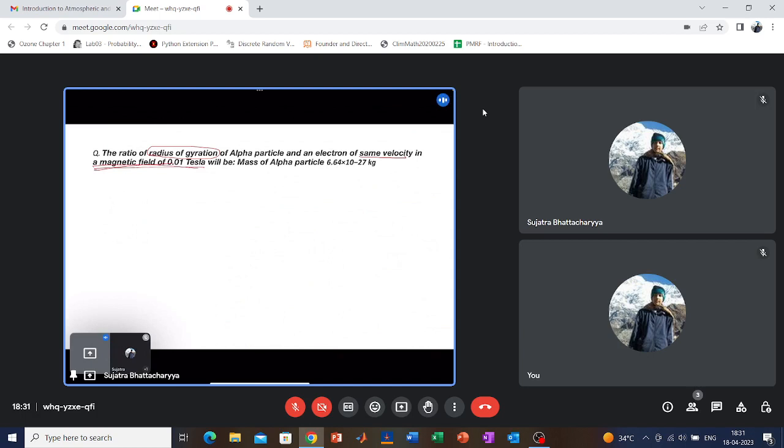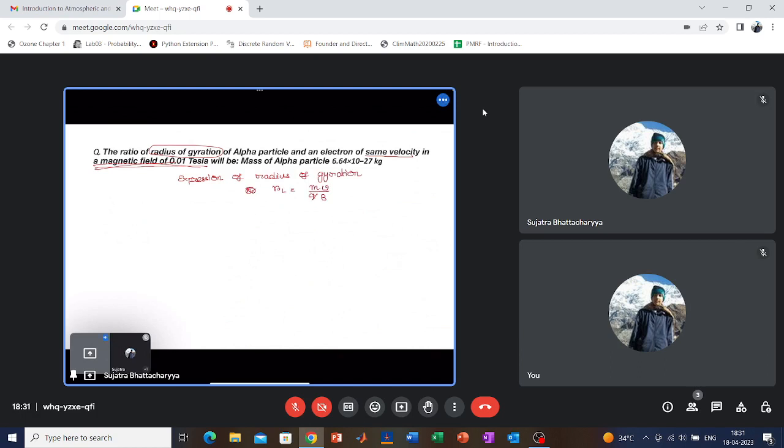Therefore, just write the expression of the radius of gyration. What is that? RL is mv by qB.